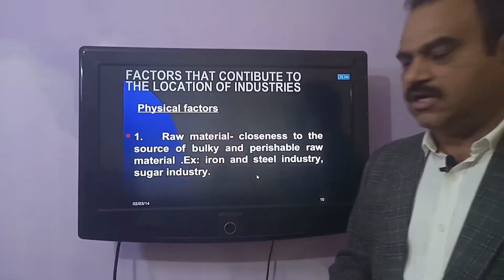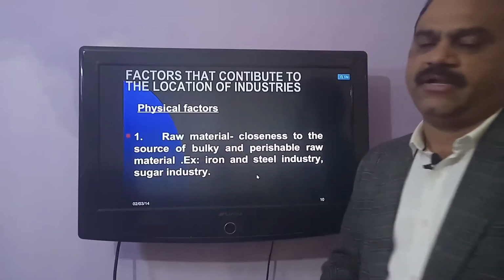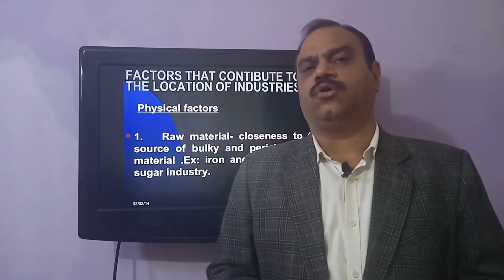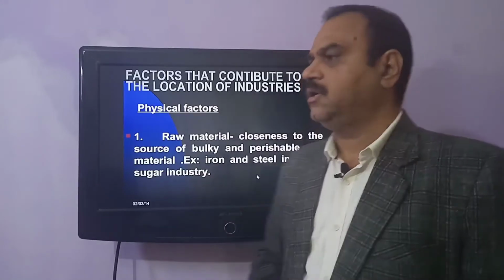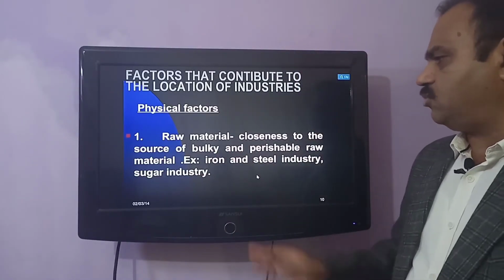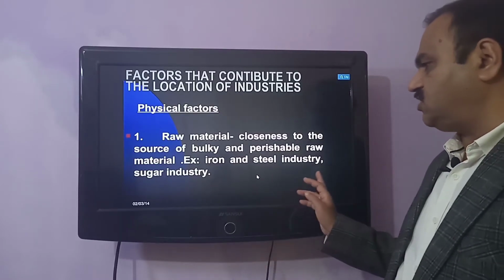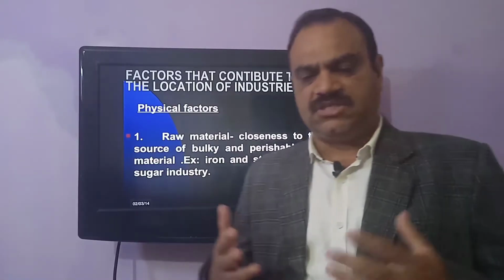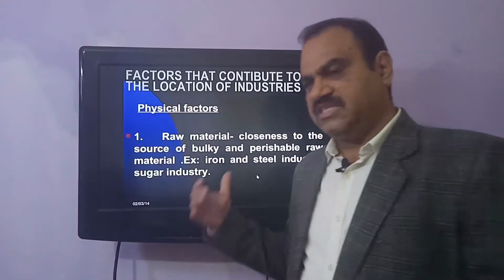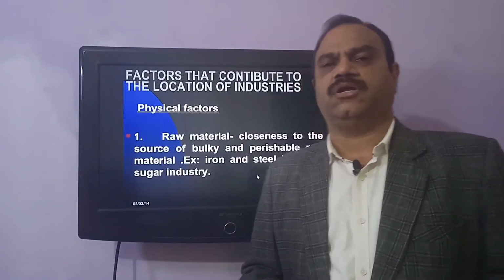First are the physical factors, that's the raw material. Availability of raw material is rather most important in the location of any industrial unit. Closeness to the source of bulky and perishable raw materials, particularly iron, steel industries and sugar industries, we see that the location of these industries are there because of the raw material available in that particular region.